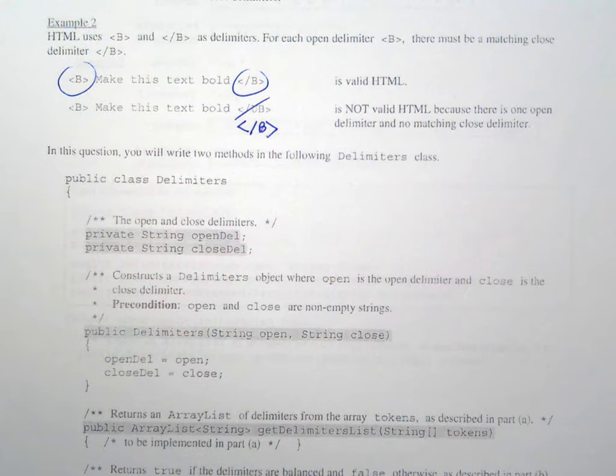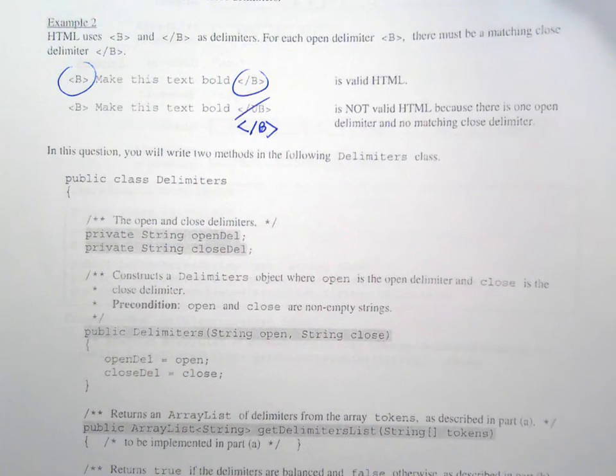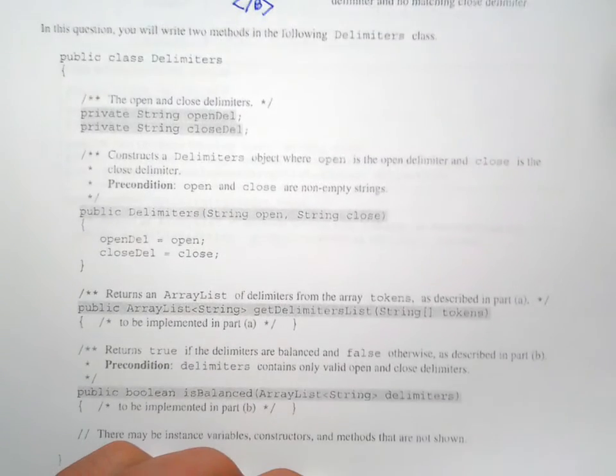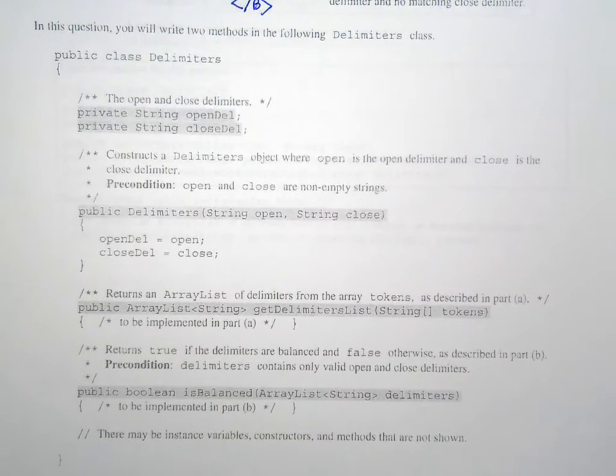In this question, you'll write 2 methods in public class Delimiters. It's good to understand the class you're writing methods for so that you know what private instance variables you have access to and probably need to reference. They have private instance variables, Strings openDel and closeDel, so we're probably going to be using those.